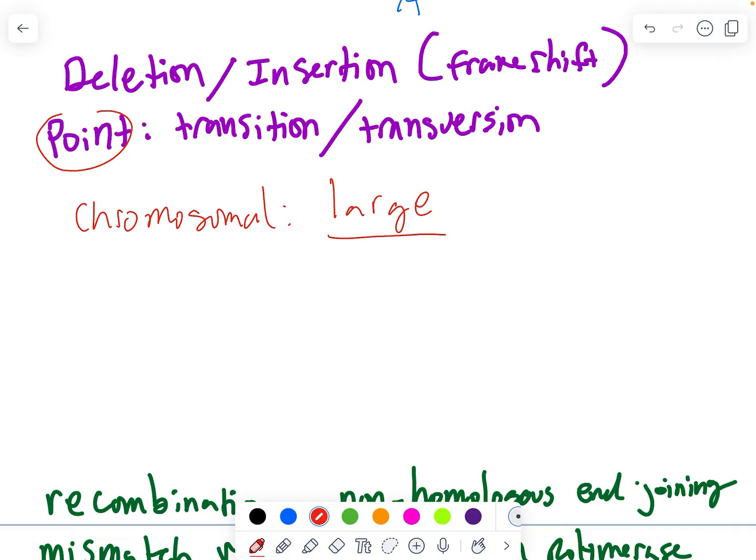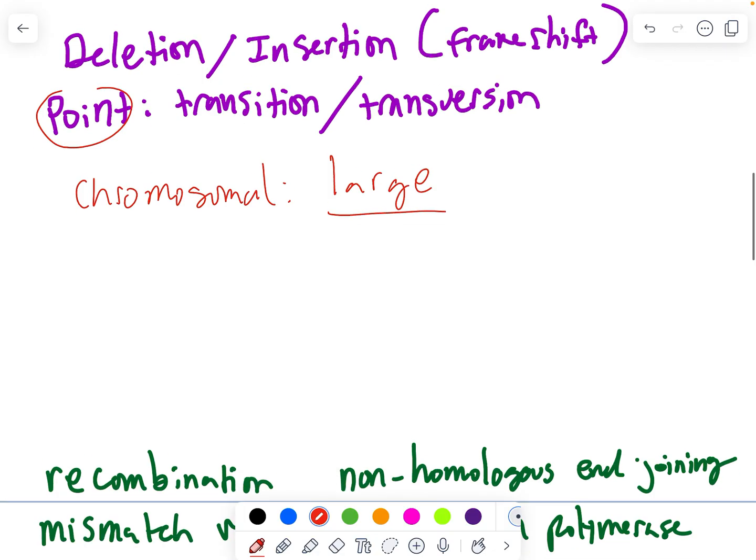And so a deletion, if we lose a lot, could be a chromosomal mutation, or it could be a point mutation if it happens at a smaller scale. So in terms of talking about our mutations from above, ultraviolet mutation can create those dimers between adjacent pyrimidines, such that when we copy our DNA, they create a deletion.